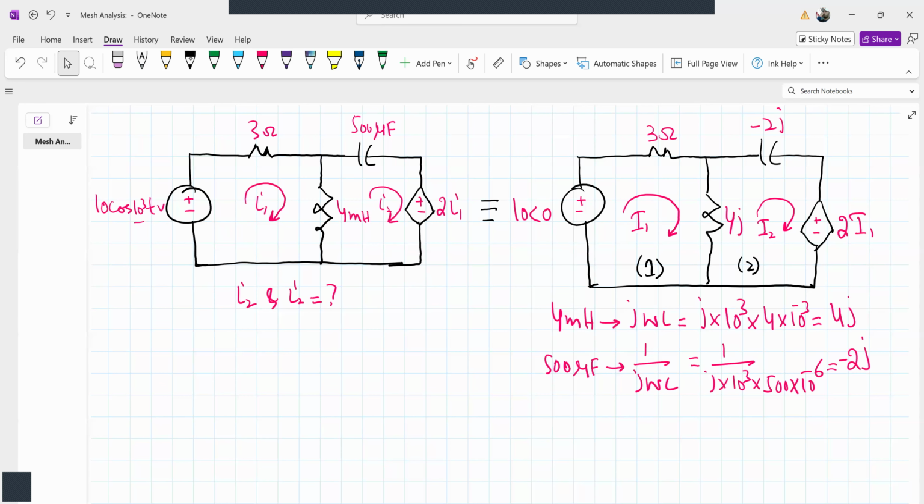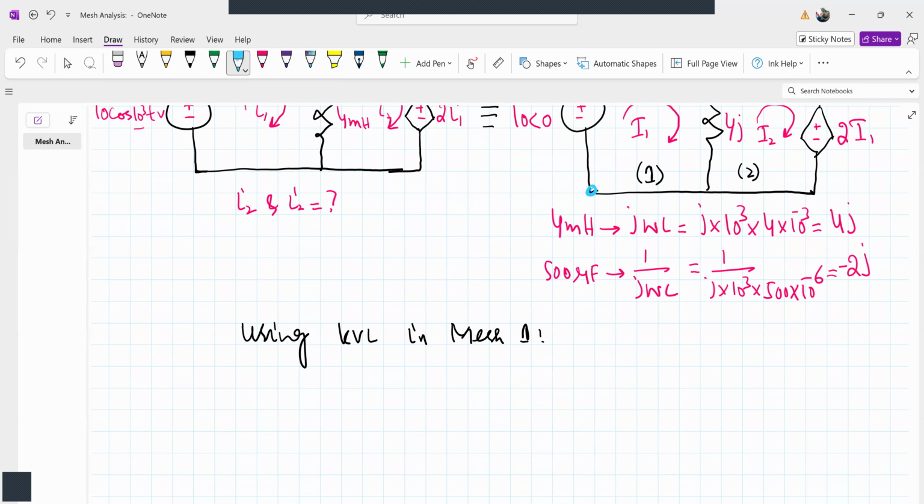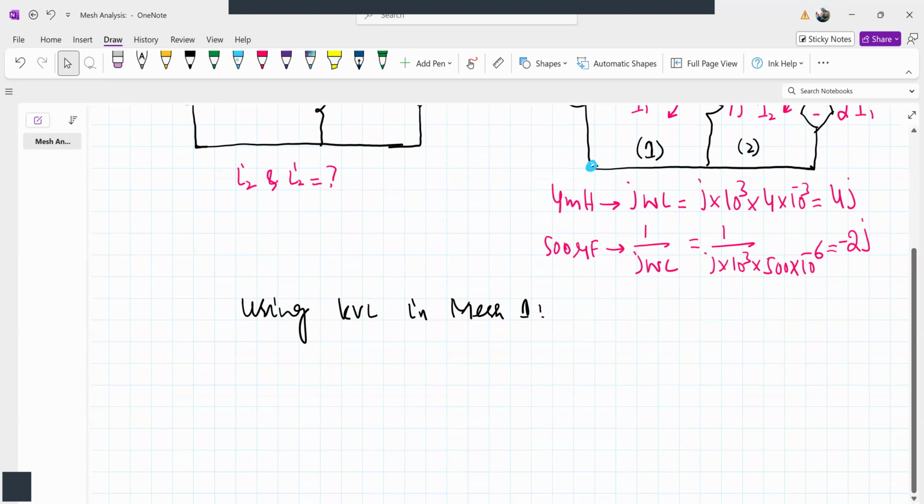So using KVL in mesh 1, let's start from this point. If we traverse mesh 1 from this point, we get the voltage source first, with a value of minus 10 at an angle of 0.